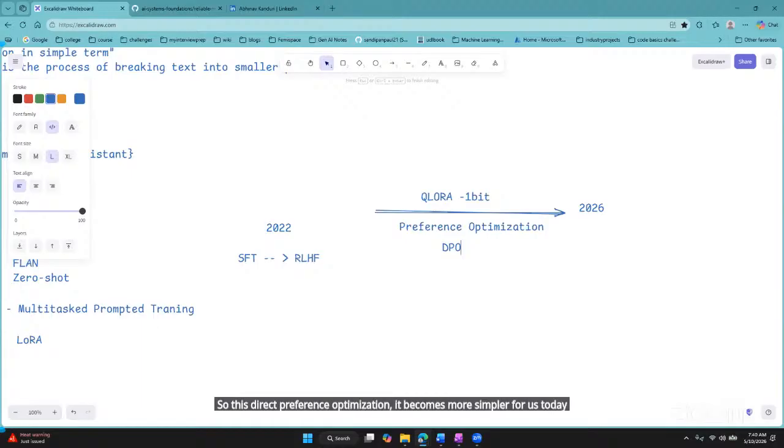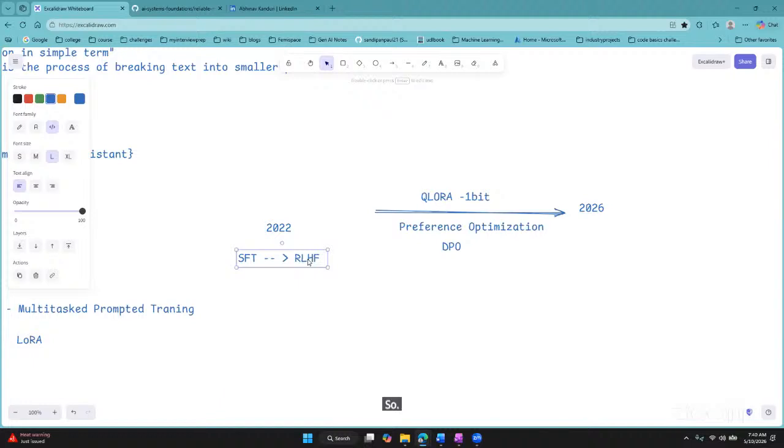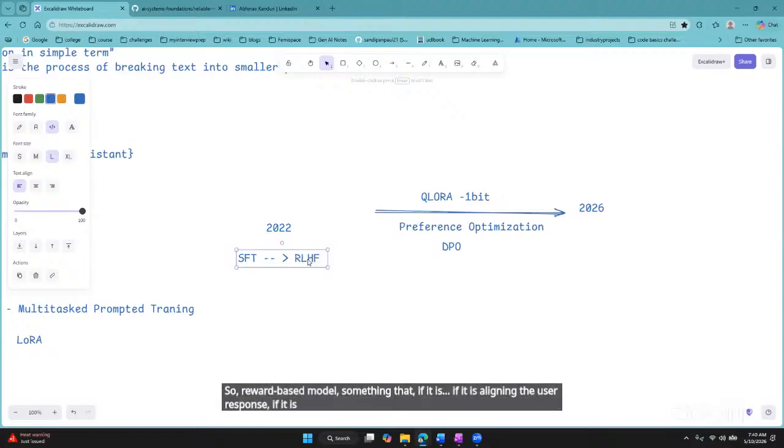Reinforcement learning human feedback, and reinforcement learning in general, is nothing but a reward-based model. If the model's response aligns with the user need, it gives some reward to the model; if not, it penalizes the model.